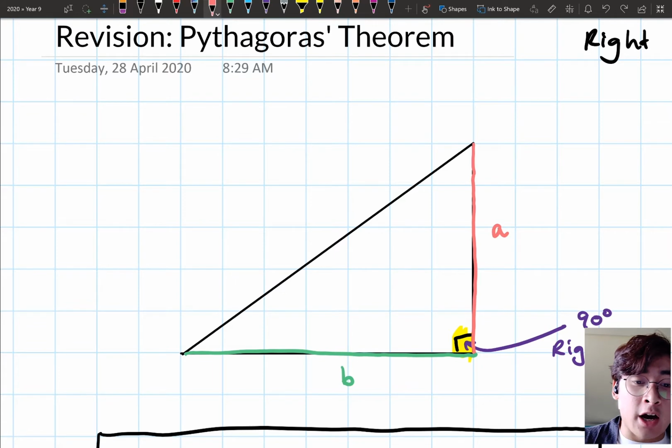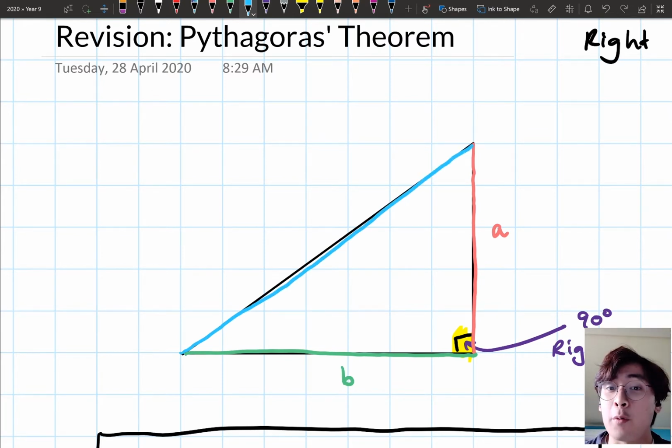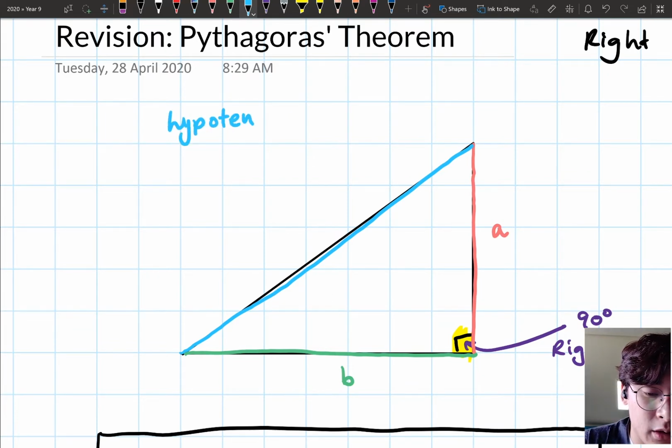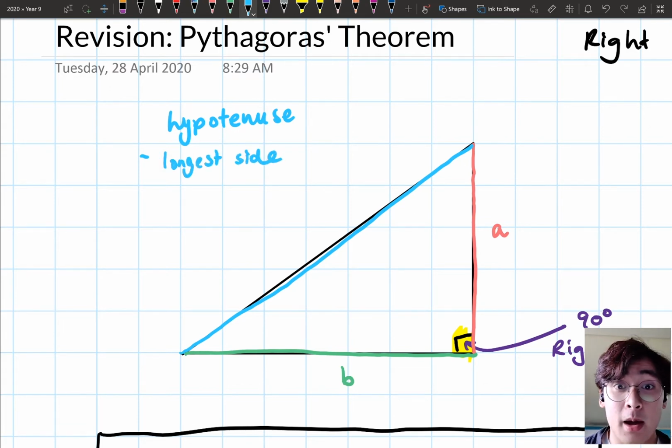The one I do care about is the longest side. The longest side in a right angled triangle, which is the slanted side, has a very special name, and there's another way that we can identify it. This side is called the hypotenuse. The hypotenuse is the longest side of a right angled triangle, but it is also the side that is opposite the right angle.